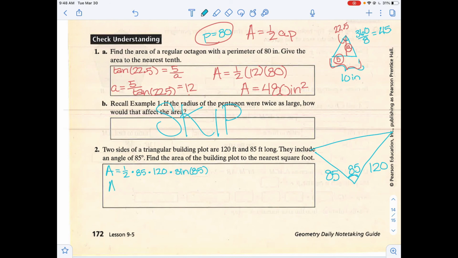So 1/2 times 85 times 120 is 5,100 times the sine of 85, which is about 5,080.6. So if we round to the nearest square foot, 5,081 square feet.